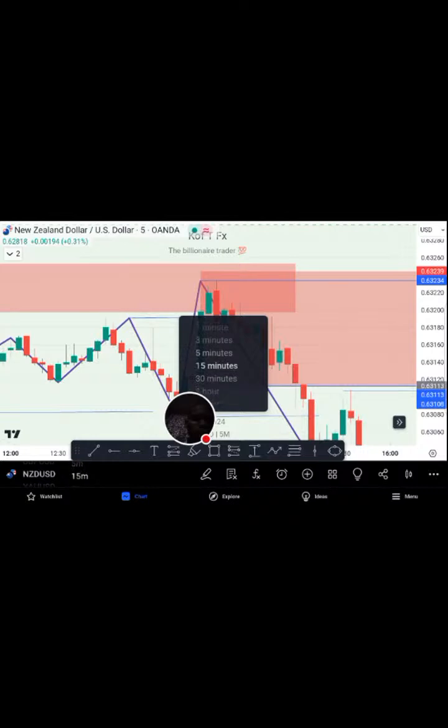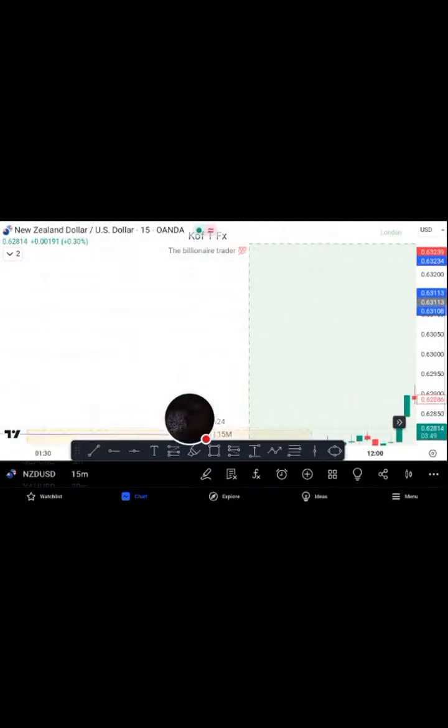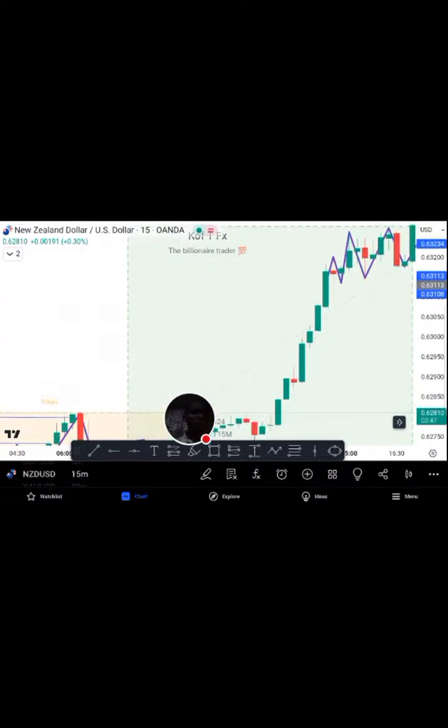So that's what I will be taking for the day. I'm taking the whole candle for the entry and exit. So for NZDUSD, I have a sell opportunity.